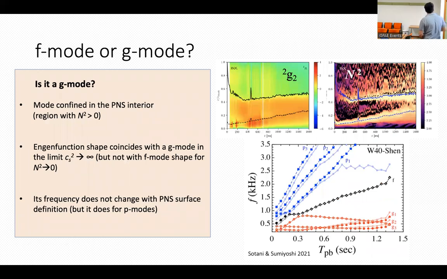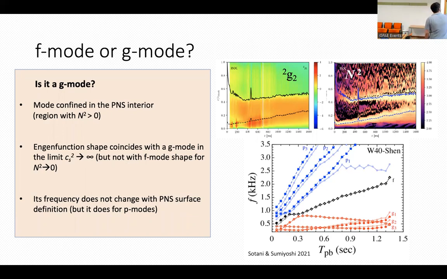This is from the interior. We can compute only P modes and only G modes, making some approximation. And when we compare only P modes, that mode doesn't appear. You have a similar shape in this one. So we know it appears when you make the G mode approximation.